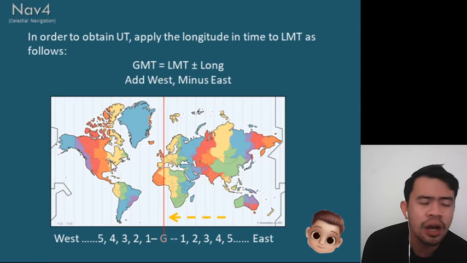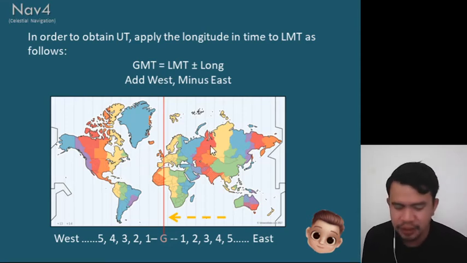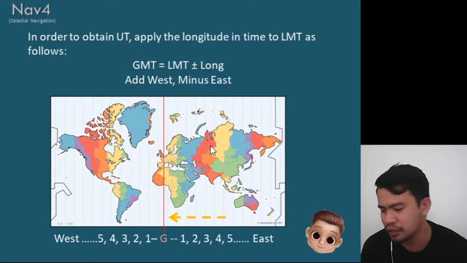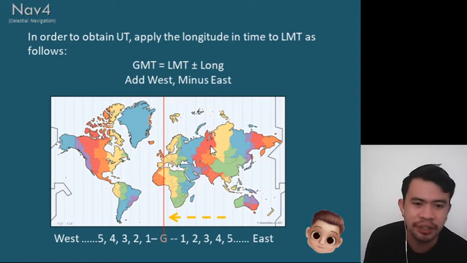The zone description is the amount of time that you add to or subtract from the LMT to get the GMT.